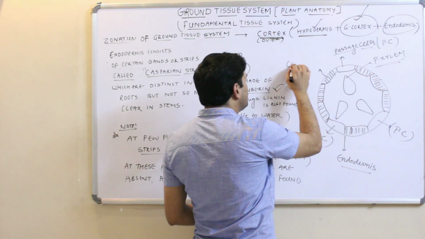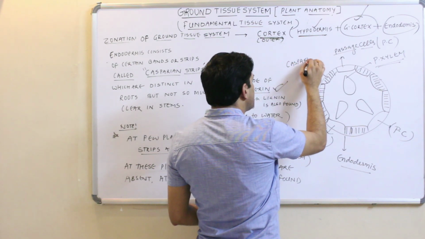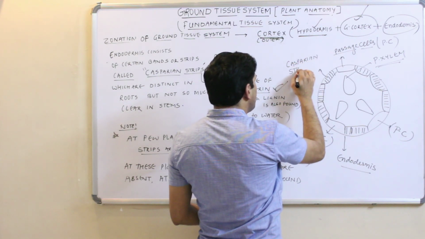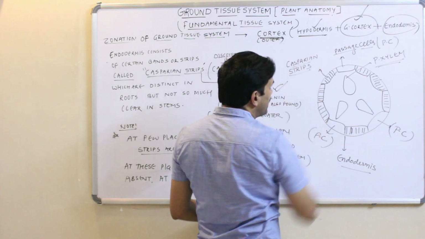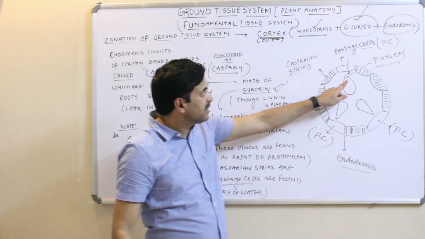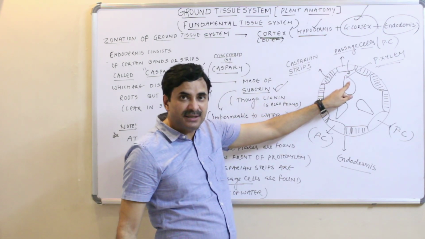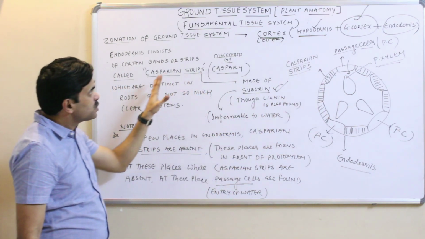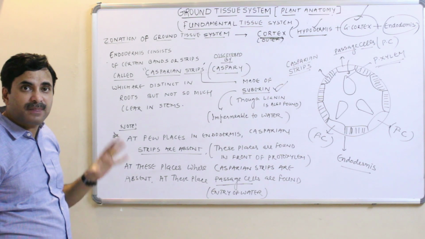Casparian strips are found. These are the Casparian strips, chiefly composed of suberin. So water will enter through the passage cells, and then the root xylem will be taking this water. Alright. So this is all about the endodermis.